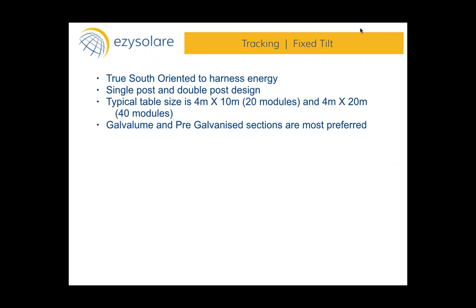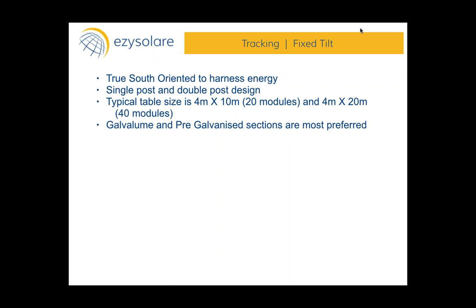Satish, I want your technical opinion on Galvalume. People are talking of Galvalume. Is Galvalume good? Is Galvalume bad? What is your opinion? Galvalume is a pre-galvalume material only, where the alloy already comes with the zinc, so it has corrosion resistance already.